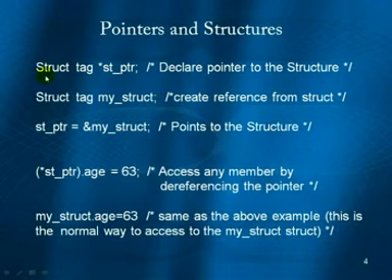Here, we create a reference from the structure. Here, the pointer points to the structure. By dereferencing the pointer, here we access the age member and assign the value 63. Likewise, we can do the same with this declaration.